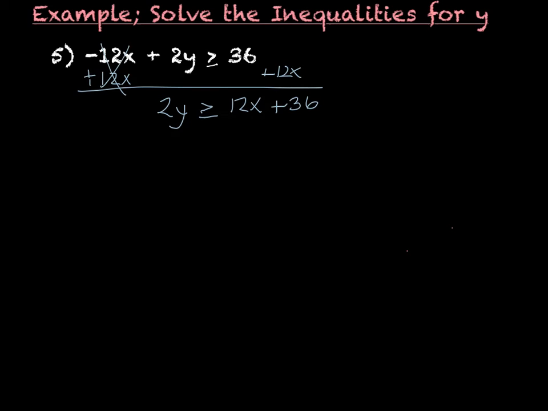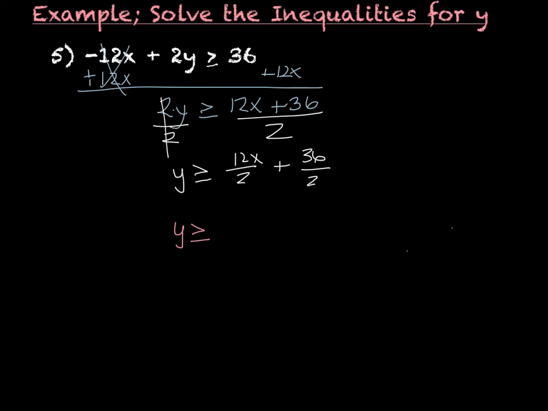So now if I'm solving for y, I have 2 times y, so I need to divide by 2. So I have y is greater than or equal to 12x over 2 plus 36 over 2. So the final answer is y is greater than or equal to 12 divided by 2 is 6, x plus 36 divided by 2 is 18. So that is your final answer.